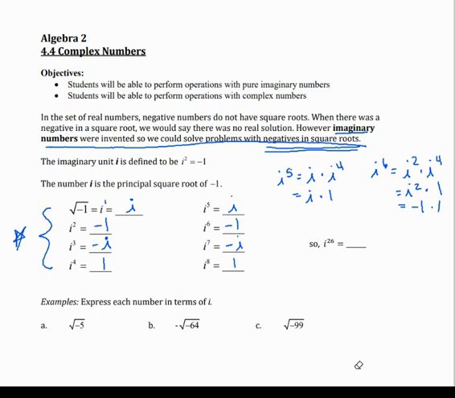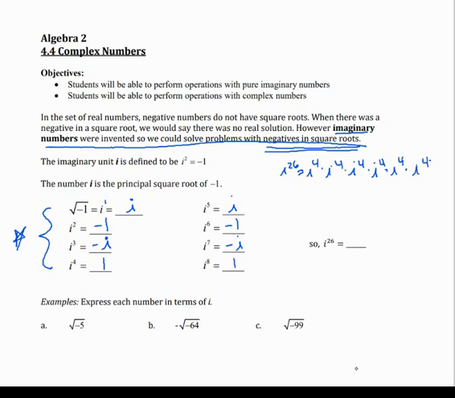If we continue with this pattern for any higher order, we can find our solutions. So for example, when it says i to the 26th, I think about how many times i to the fourth can go into that power. I'll write it out in two ways. i to the 26th is the same thing as i to the fourth times i to the fourth, six times in all.